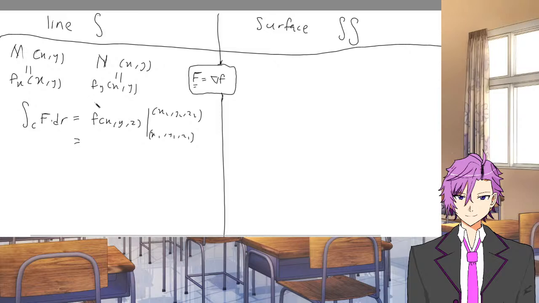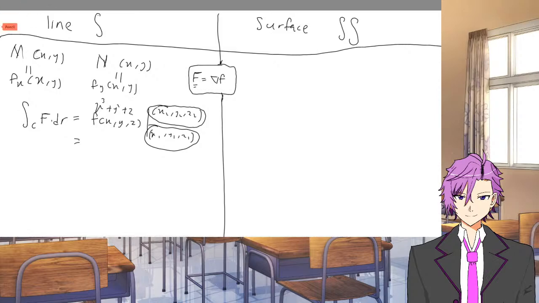For example, let's say x cubed plus y squared plus z. We take these variables and subtract with these variables.